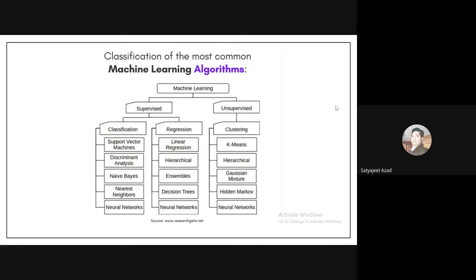But logistic regression is a classification algorithm, not a regression algorithm. Decision tree can be used for classification and regression. The neural network can be applied for supervised, unsupervised, and also for clustering.